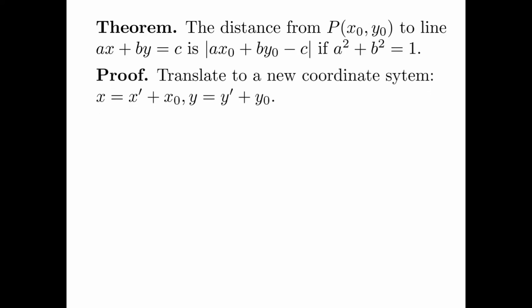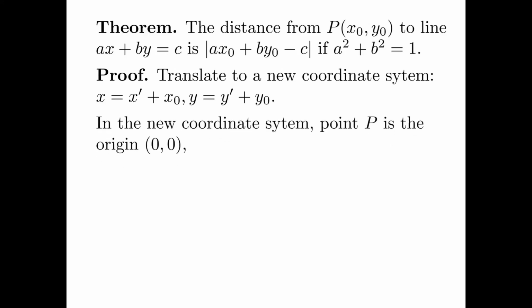Let's prove it. We use a translation from the original coordinate system to a new coordinate system by a parallel transform: x equals x prime plus x0, y equals y prime plus y0. By this transform, we have a new coordinate system, and we put the point P as the origin.